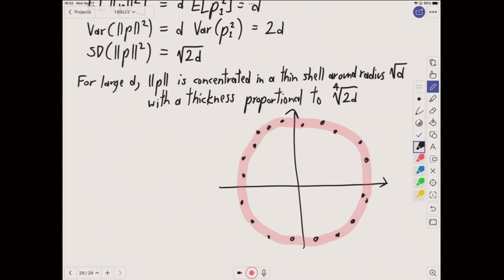And depending on how thick you make that, what constant you use, there might or might not be a few points outside of that shell, but the vast majority of them, especially as d goes to infinity, are going to be in the eggshell.